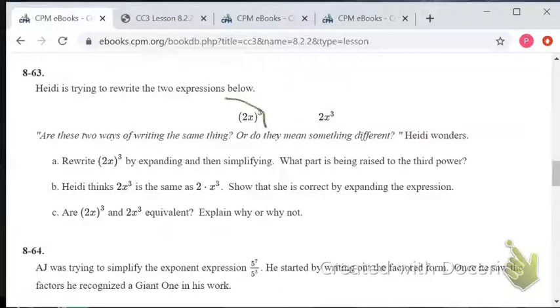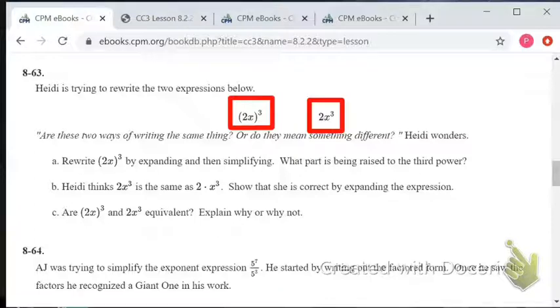In parentheses 2x, both of those are raised to the 3rd power, whereas my other one, I just have 2 times x raised to the 3rd power. They look very similar. Are they exactly the same thing, or is there a slight difference?